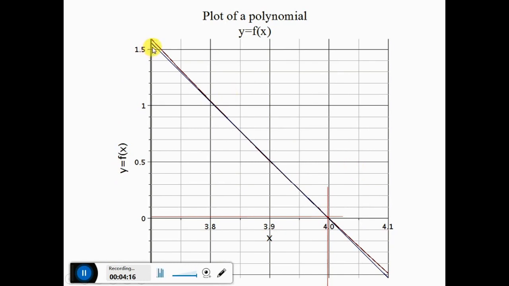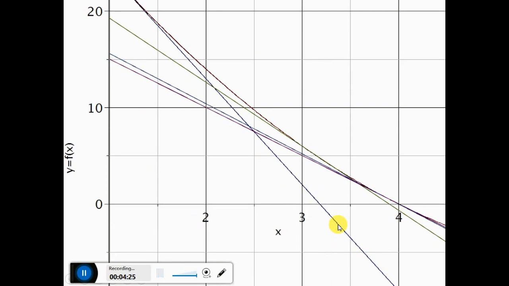So here the blue line indicates the tangent point and we are going closer to the root. Here I am showing you all tangents at the same time. This is the first tangent hitting the x-axis.